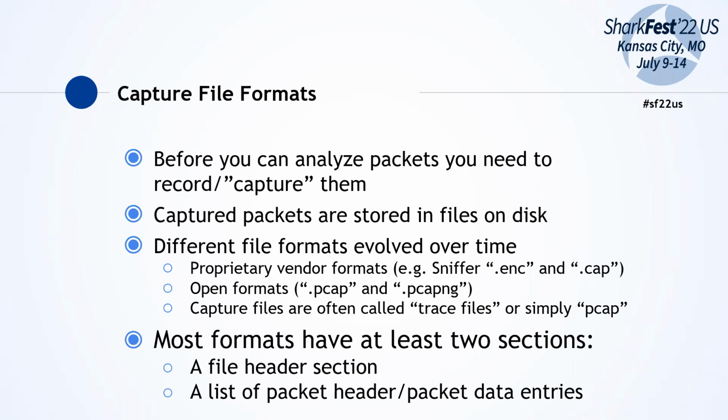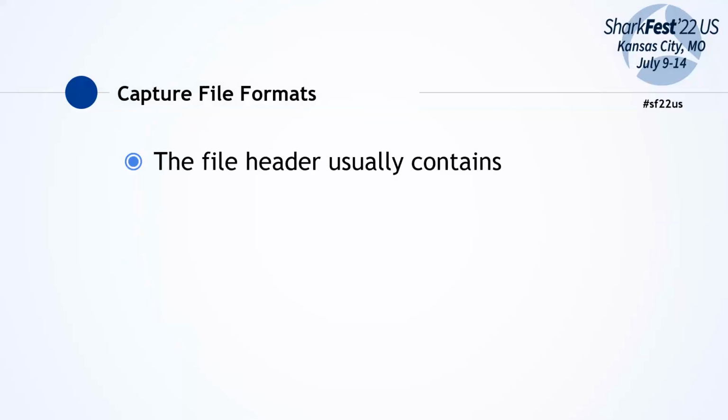So I'm sending a SYN packet, it travels across the wire, but the packet itself has no idea what the current time is. But I need to store the time with the packets, or otherwise I couldn't do any kind of timing analysis. So my header needs to contain additional information about the raw data in the packet, for example, the time. Yeah, we will take a look at this at the next slide.